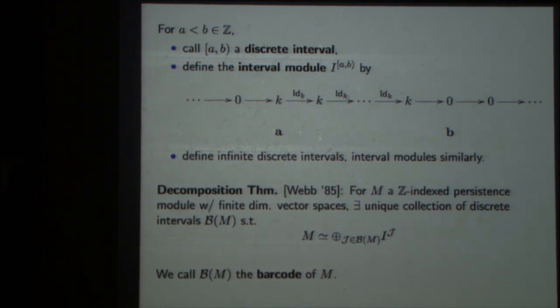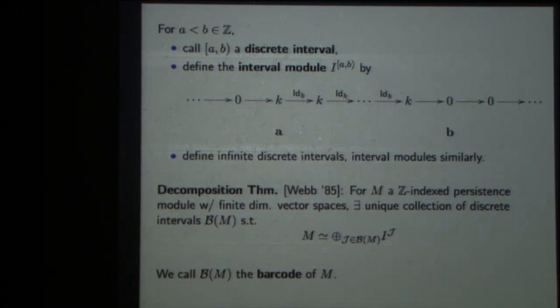So what I need to do before I give the theorem is define certain kinds of special simple modules called interval modules. And these are very simple indecomposable guys. And the way I do this is I say, first of all, for A less than B, an integer, I call the interval [A,B), left closed, right open, a discrete interval.